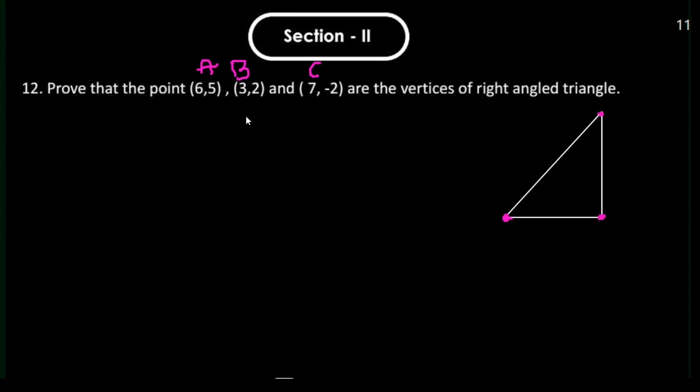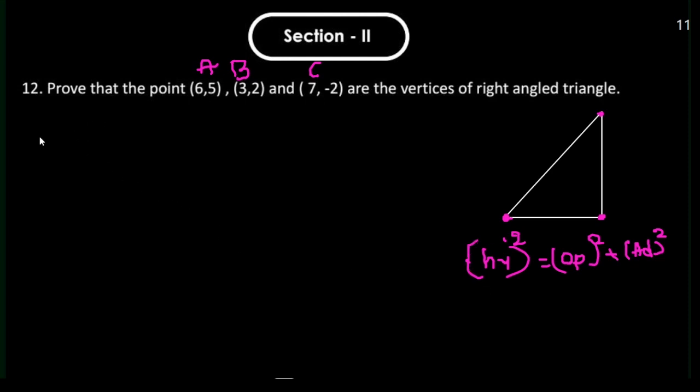Now he's asking us to prove these three form a right angle triangle. But in a right angle triangle, we know that hypotenuse square is equal to side square plus side square, right? Or else we can consider opposite square plus adjacent square, isn't it? So let's prove whether we'll get it or not.